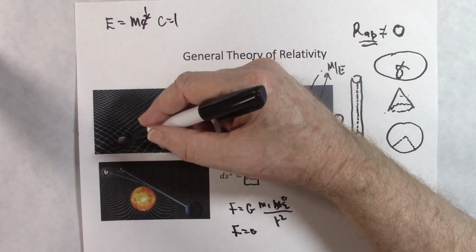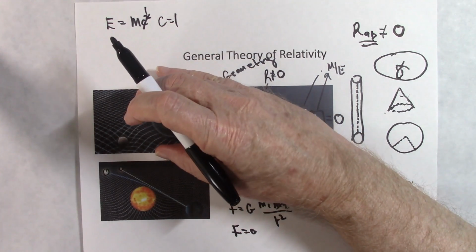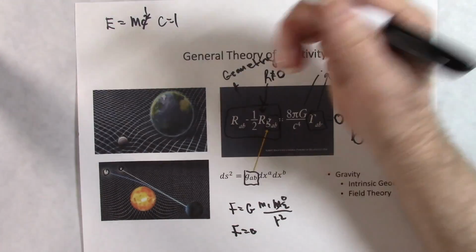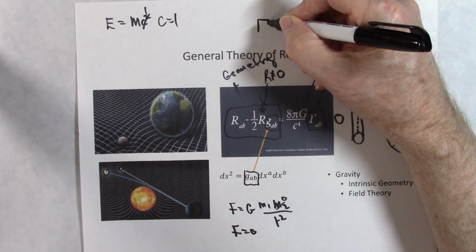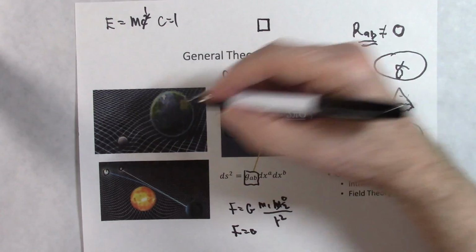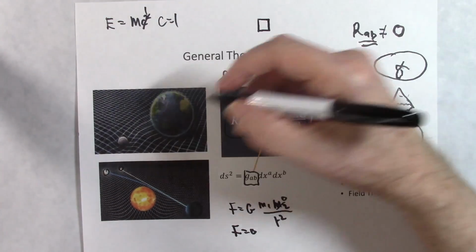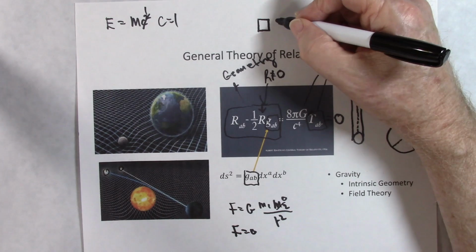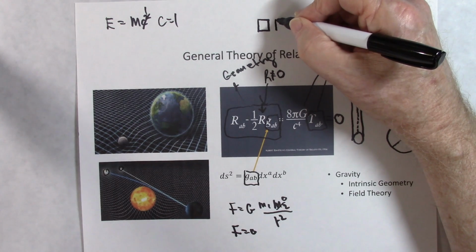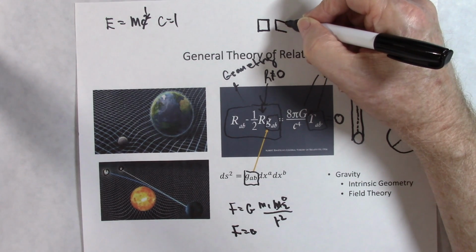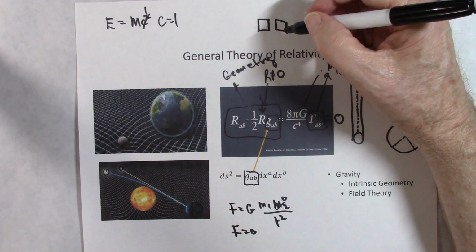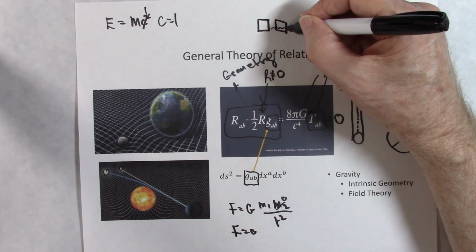If you look at these pictures where there's a deformation of the space-time around the body, if you have a really flat one out here, but you get up close to a body, then these little space-time cubes are deformed.